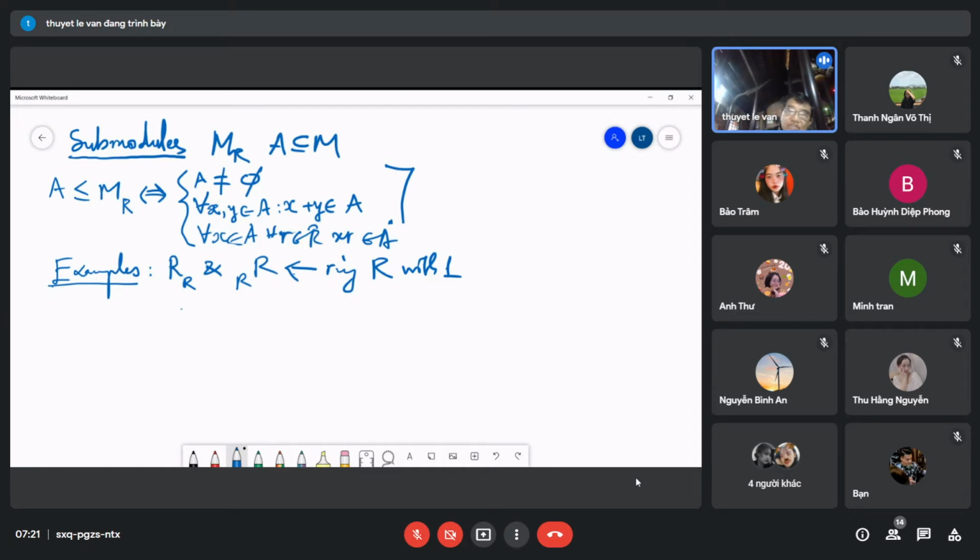And in the ring, you have the subring and also the ideal, left ideal and right ideal. And when you check this, the left ideal is a submodule of the left module R, the left ideal.